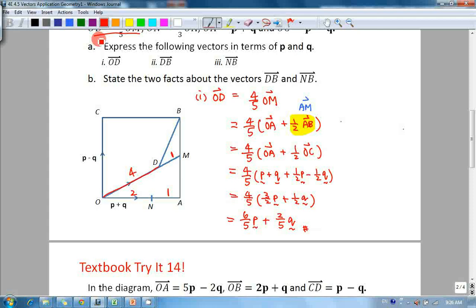Let's write down somewhere here first: 6 over 5 P plus 2 over 5 Q. Okay, so this is the first part.